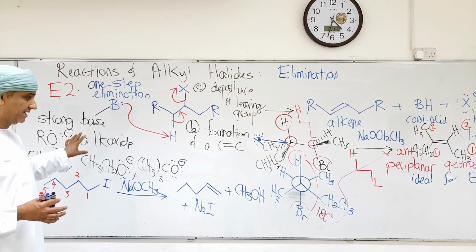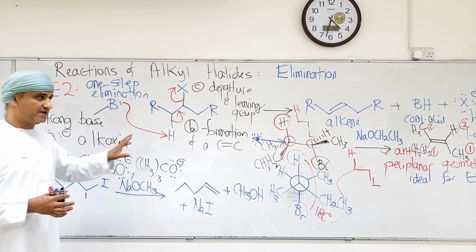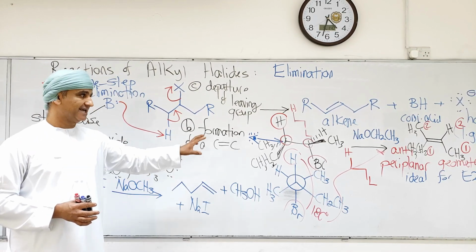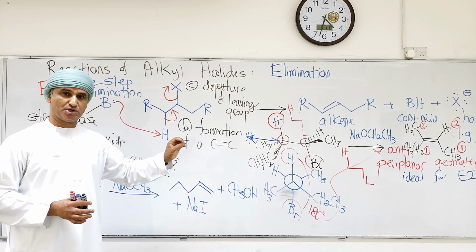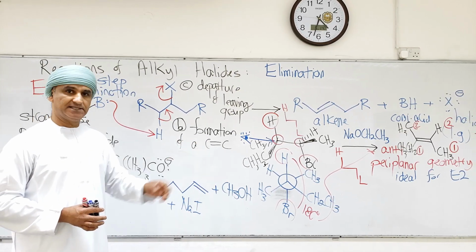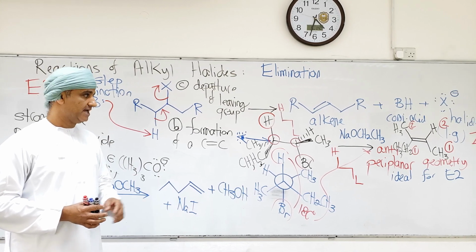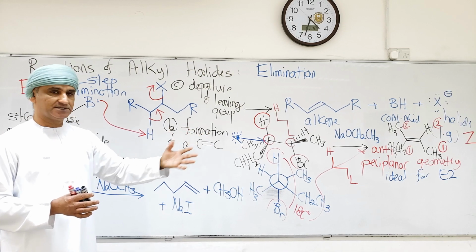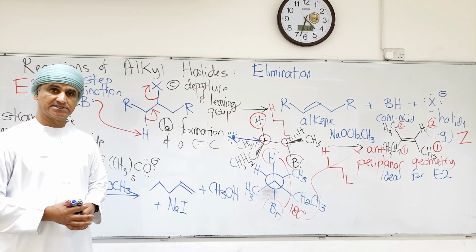The base should be strong. The examples are alkoxides. A very important feature of the E2 reaction is the geometry of the starting alkyl halide. The best geometry or conformation of the starting alkyl halide should be anti-periplanar as shown. And if that's the case, then an alkene is produced, and of course if alkenes are produced, then double bond geometries can be easily determined.